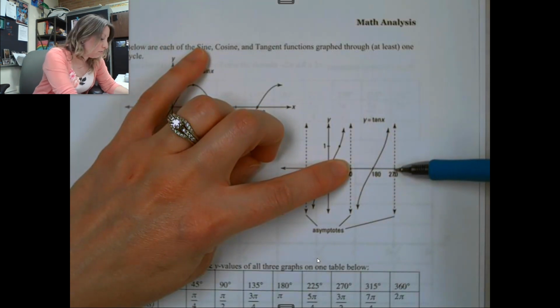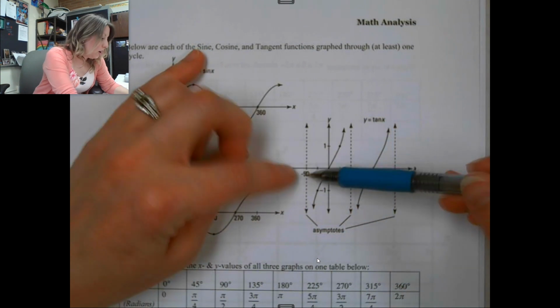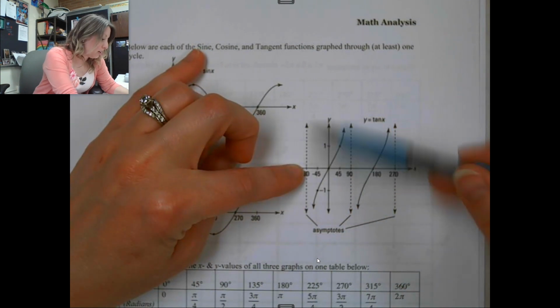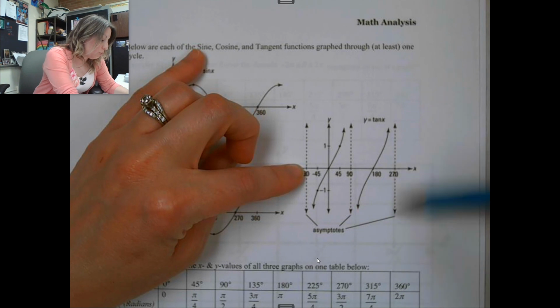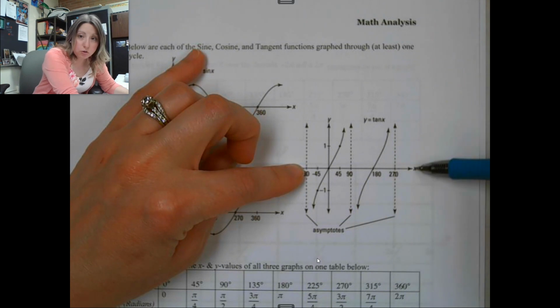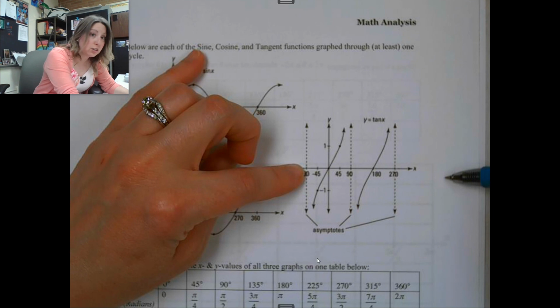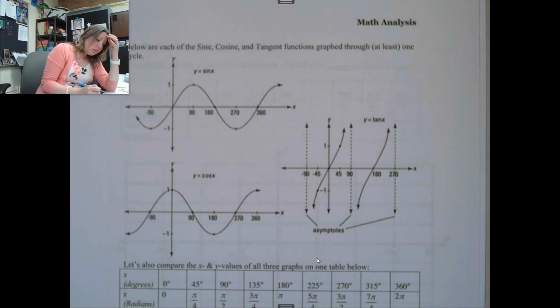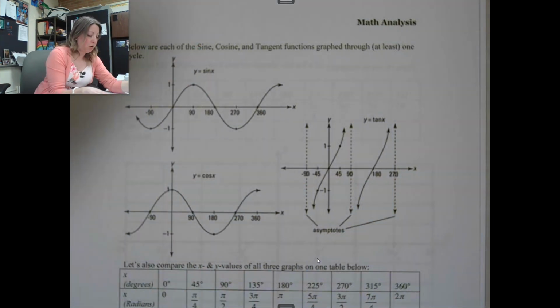So starting at 90. So if you're going back this way, it would be at -90 and +90, then 270. Then after you get to 360, right, you'll go another 90 degrees. So at 450, you'd have an asymptote. So there's always going to be that asymptote.